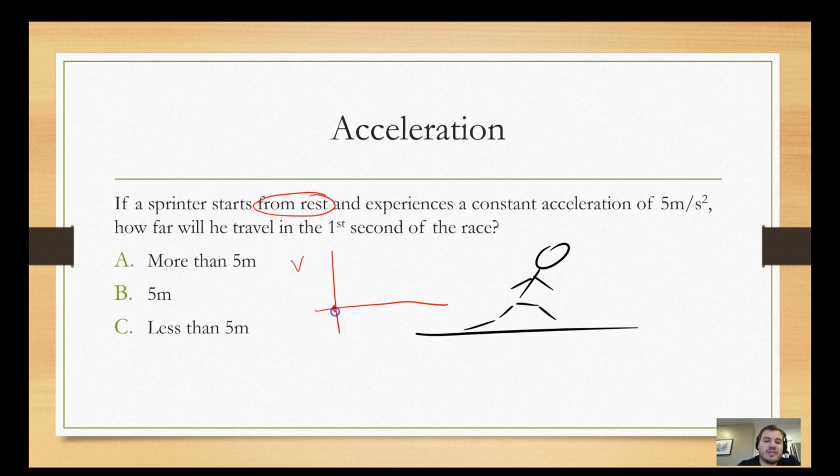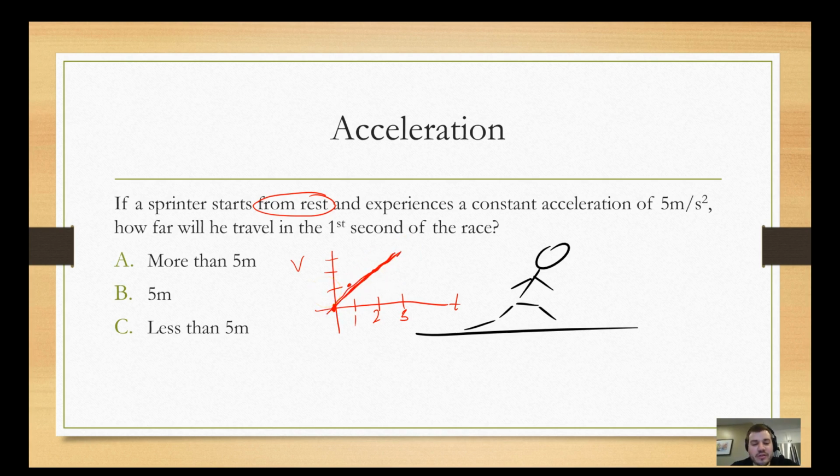So on this vertical axis, I need to start at 0 for the time of 0, and he has a constant acceleration of 5. That means that every second, our velocity should go up by 5. So we'll be at 5 in the first second, 10 in the second, and 15 in the third. So the motion would look like that.